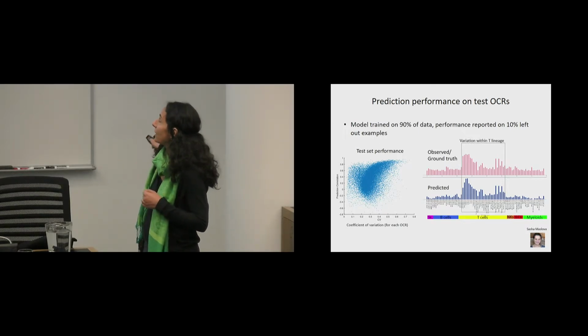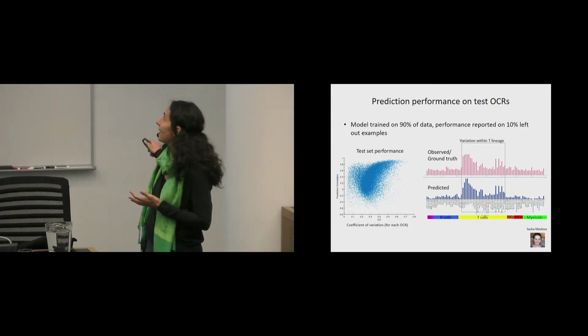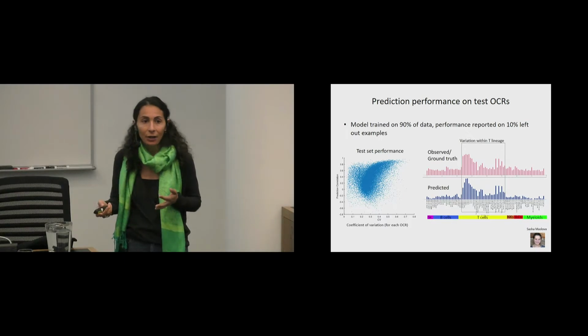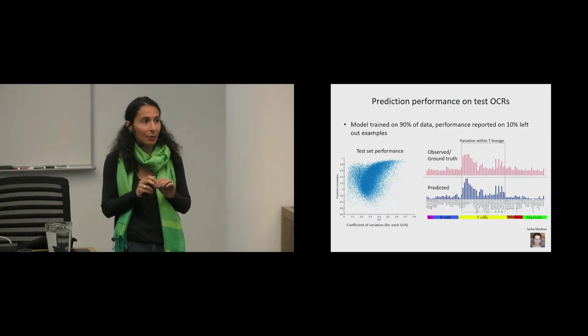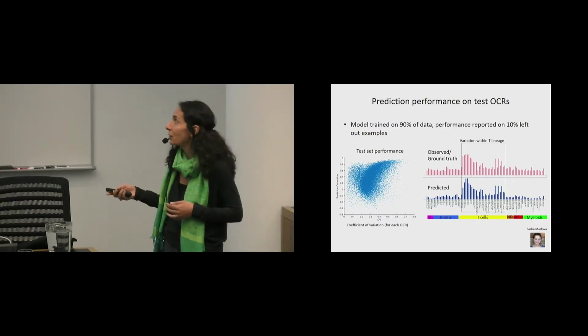And these are the predictions that we make. What's remarkable is that we can even recover this fine variation within the T lineage, which is really nice. So the model has learned something about motifs that are present in that OCR that allows it to say even which of the T cells this OCR is more active in, in terms of regulatory potential.